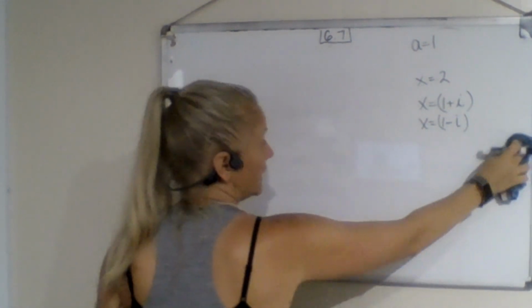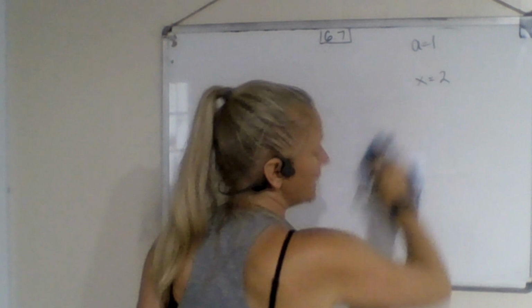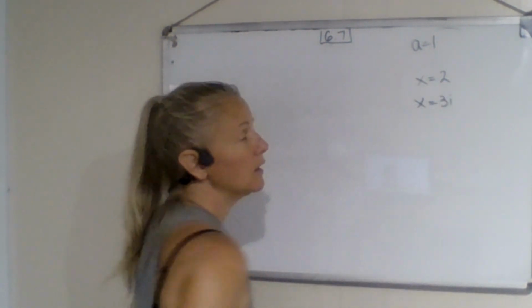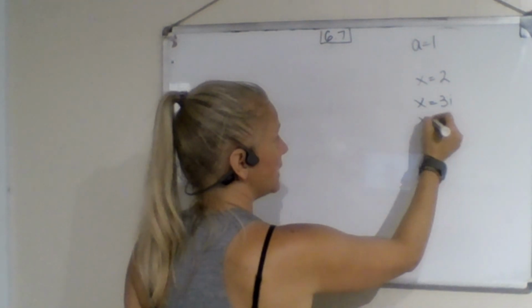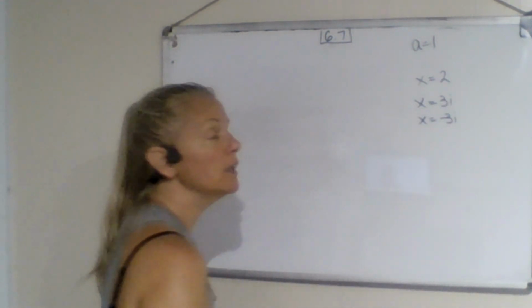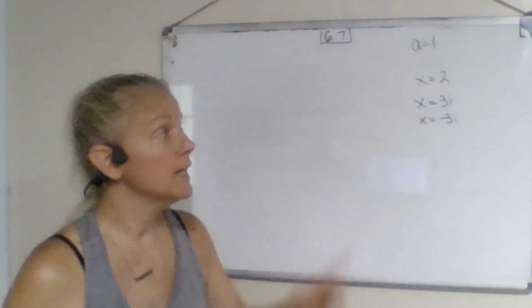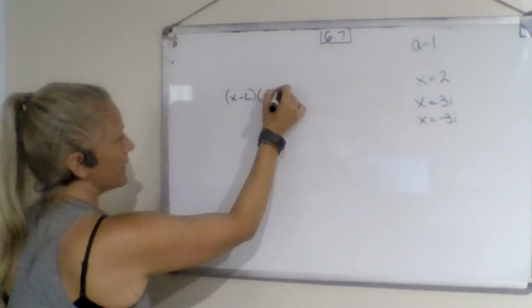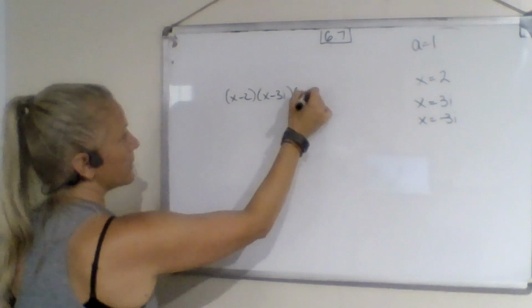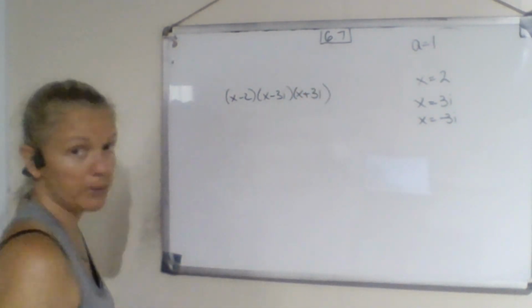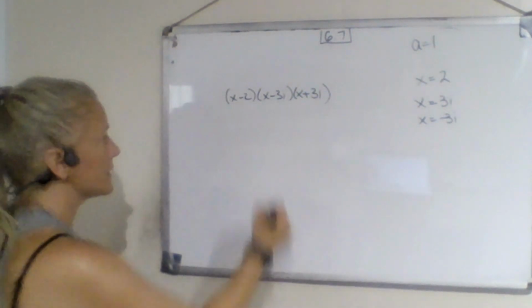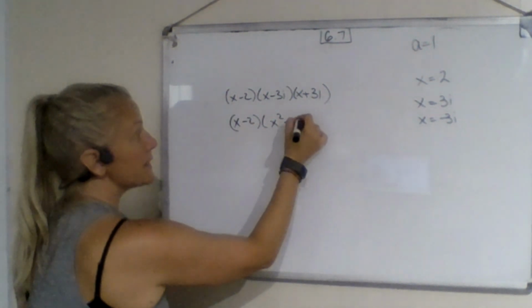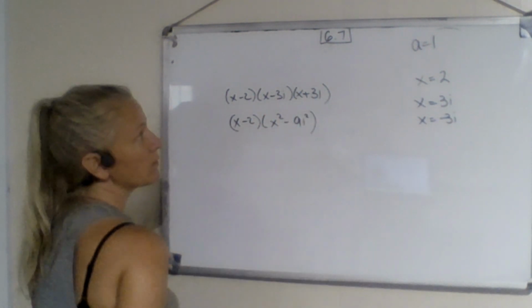What if I would tell you the exact same thing, but I would tell you my other solution is 3i. Well, I also immediately know negative 3i is a solution. The conjugate of it will be a solution, right? So this becomes x minus 2, x minus 3i, x plus 3i, which really we like a lot better working it this way, because this becomes x minus 2 times x squared minus 9i squared, right?